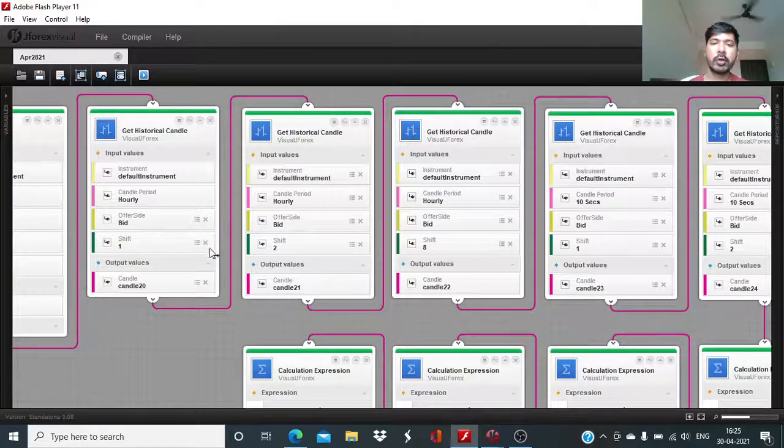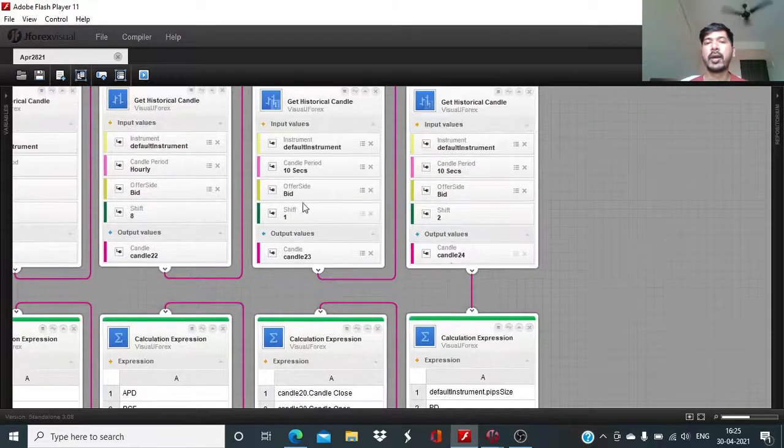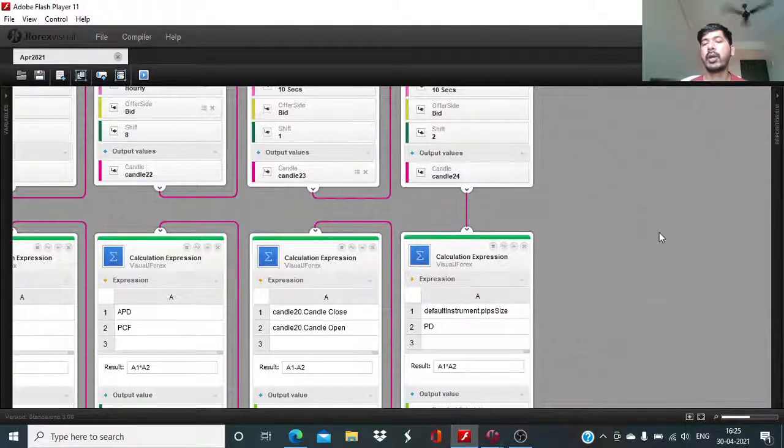Along with that, we are also relying on the price action. For that, these get historical candles, three candles of different shift values are being used. The candle period is hourly, and these two candles are for pinpointing the exact entry point.